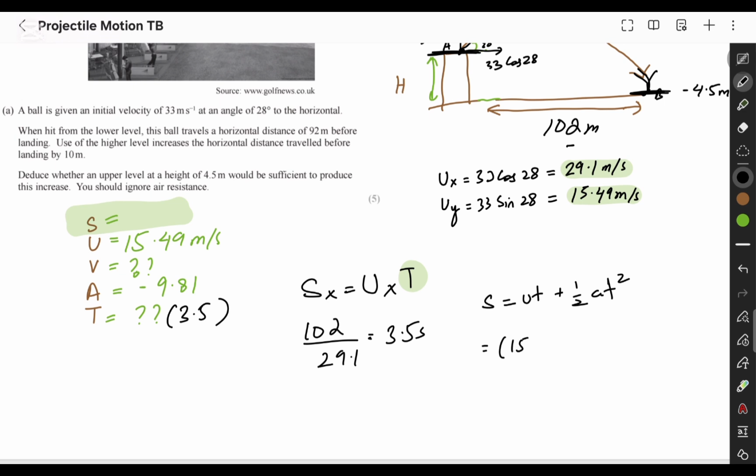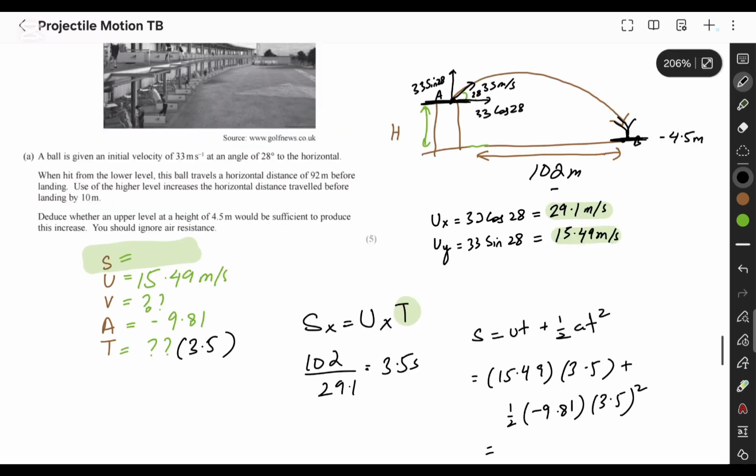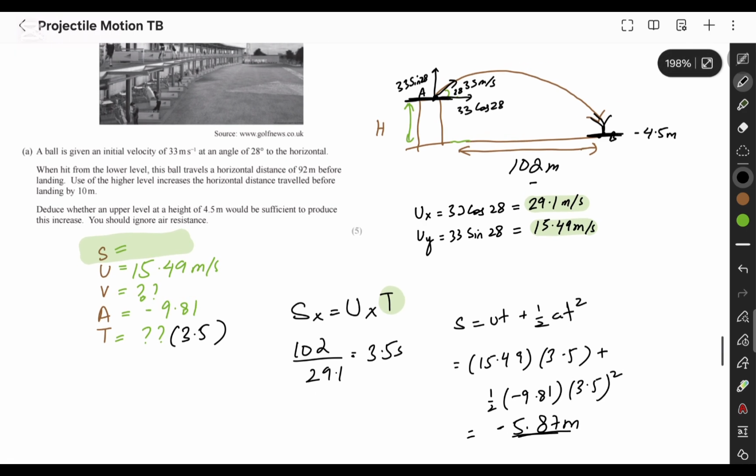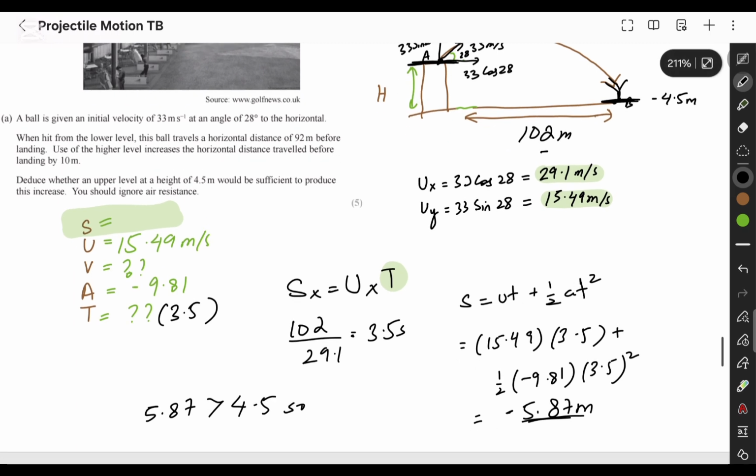So that's going to be 15.49 times 3.5, plus half times minus 9.81 times 3.5 squared. And that gets us a displacement of minus 5.87 meters. And we can clearly see that 4.5 would not be enough. 5.87 is greater than 4.5, so not sufficient.